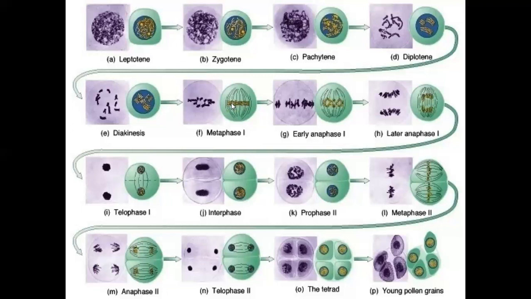The cell plate is formed at the center region of the cell, and the tetraploid chromosomes are arranged on the middle plate. So this phase is called metaphase 1. Then after metaphase, anaphase comes.